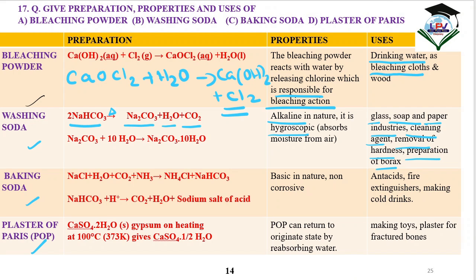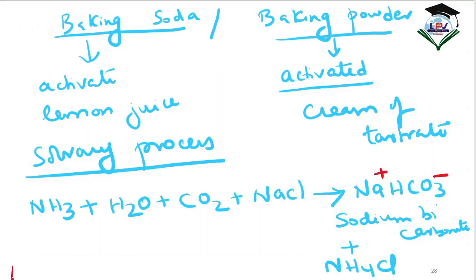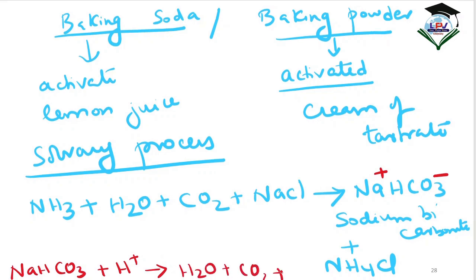Here we can see that when NaHCO3 is activated with acid, it gives H2O, CO2 and the sodium salt of the acid.